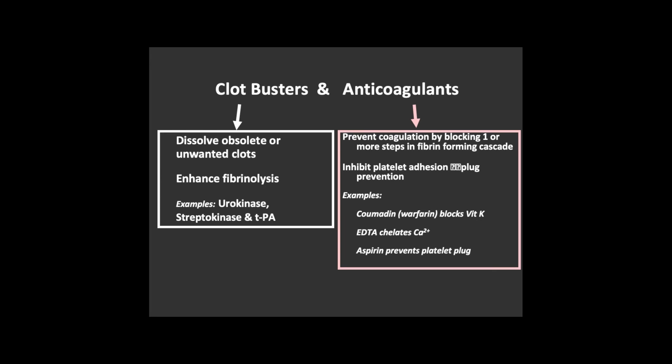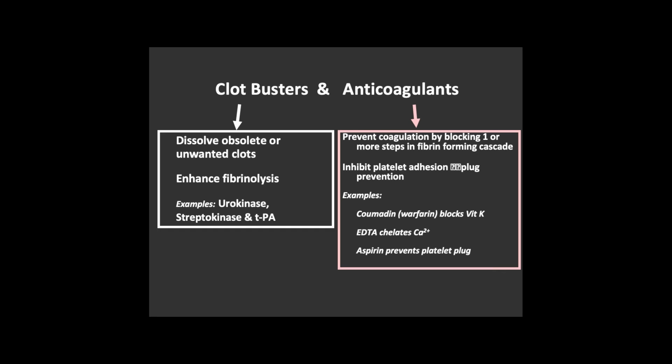Now, to prevent coagulation from occurring, you have to stop fibrin from forming. And in order to do that, you also want to decrease that platelet plug. And so there are several different things we can use.